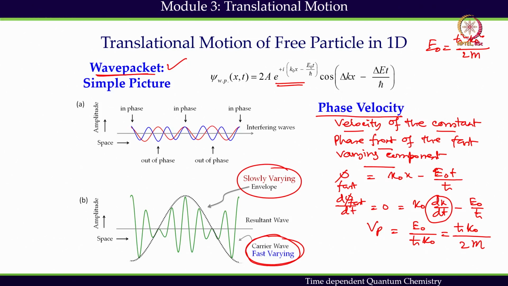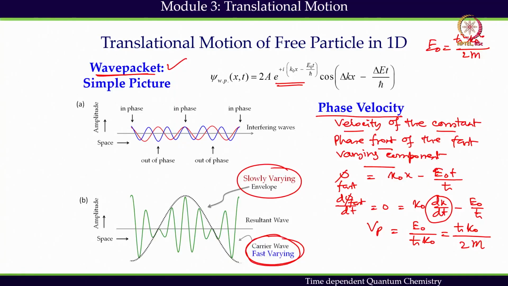So what does it mean? I will show one more time. This is the particle which is having two components. One component is the envelope component, which is varying very slowly. Another one is the fast varying component, which is varying very quickly.